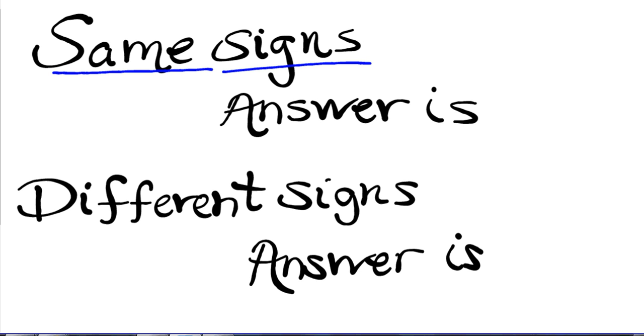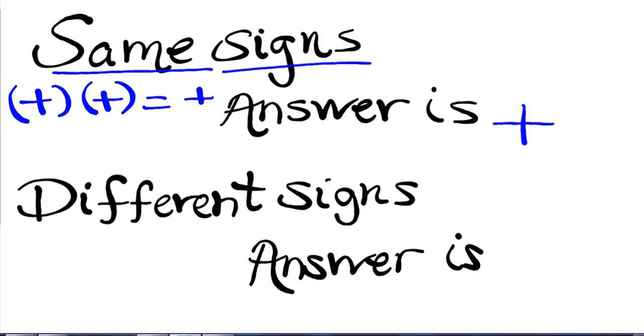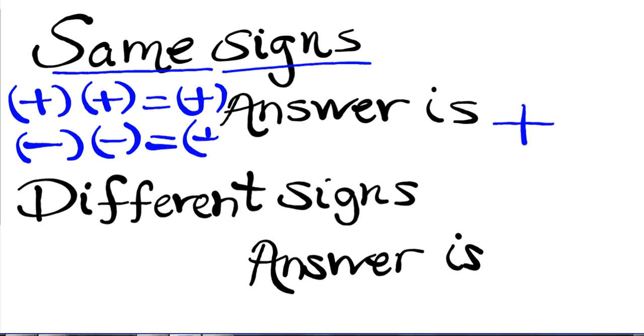Now, if our signs are the same, then our final answer is going to be positive. So it's like saying a positive times a positive number gives me a positive number. Or if I have a negative number times a negative number, that gives me a positive number.